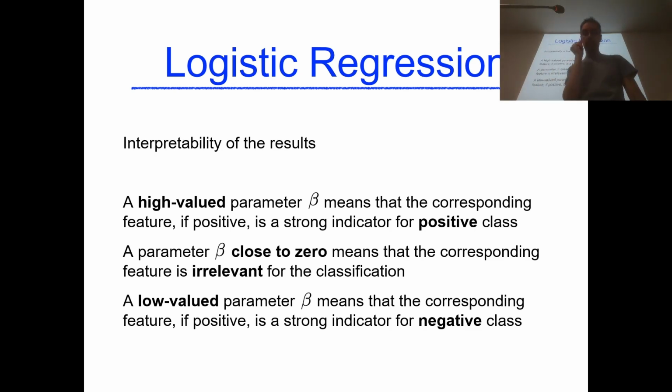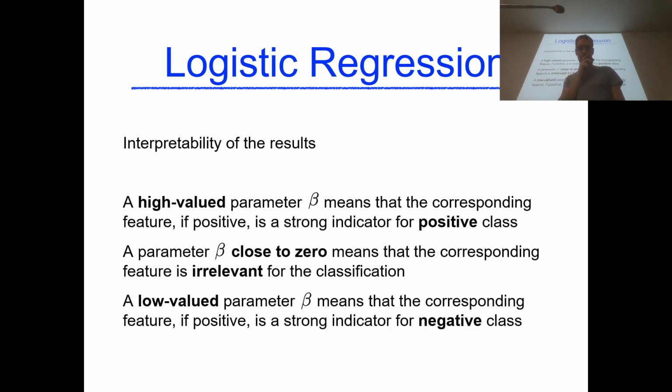If we have a high parameter, a high beta, a high W, weight, coefficient, call it whatever you want, there is a bit of overlap in terminology here. If you have a high coefficient, this means that that feature has a strong positive correlation with the positive class. So if the feature is positive, there is a high probability that the predicted class will be positive.